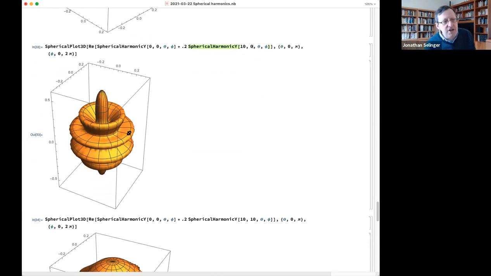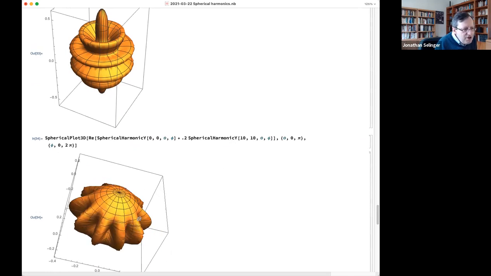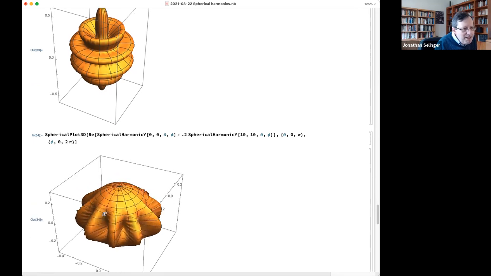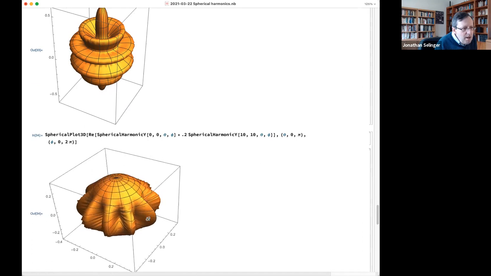It has a lot of peaks and valleys as a function of theta. So that's for L equals 10, M equals 0. For L equals 10, M equals 10, you get this kind of a shape that has a lot of peaks and valleys as a function of longitude rather than latitude.